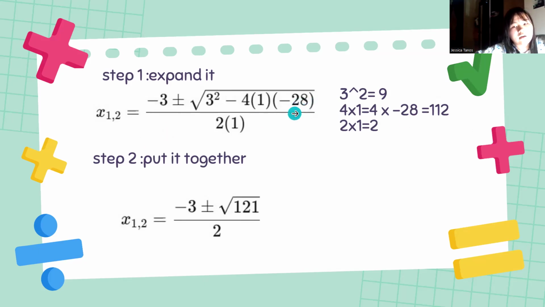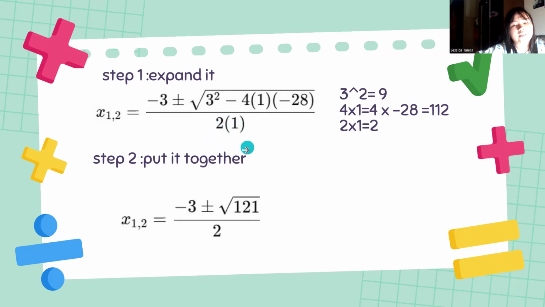But it would become positive either way, because minus and minus over here would be equal to addition, because negative with negative is equal to positive. So it's negative 4 multiplied by negative 28, which is equal to positive 112.